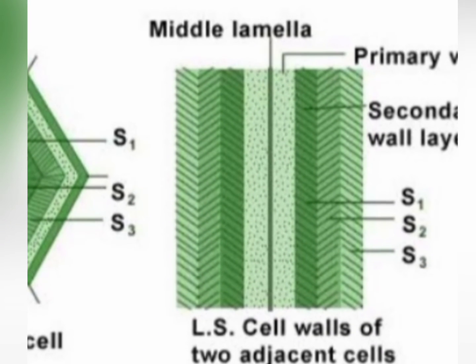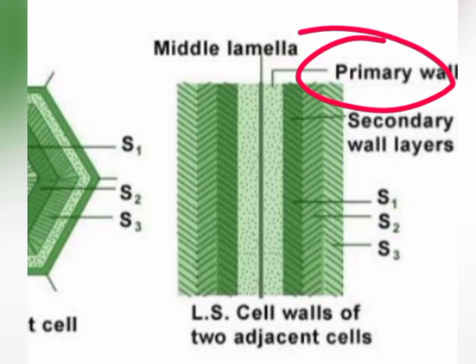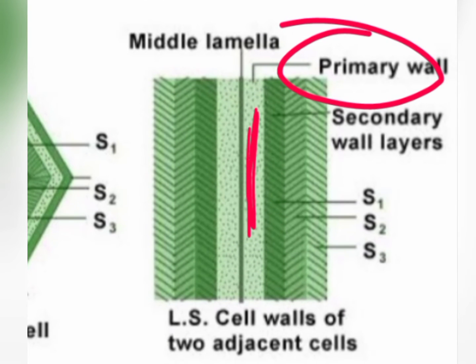Okay, now inner to the middle lamella, we have the primary cell wall. Look at this layer. This is the primary cell wall. Now this primary cell wall is the outermost layer of the cell. In a few cases, we may take the middle lamella as the outermost layer, but it's actually not the outermost layer. It is the layer attaching, keeping the two adjacent cells together.